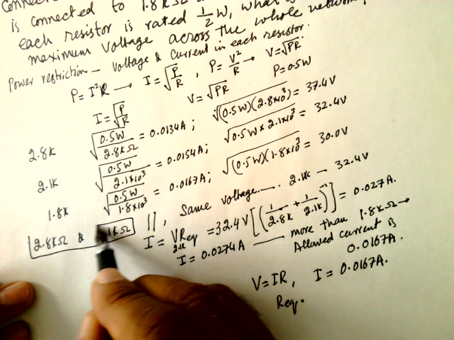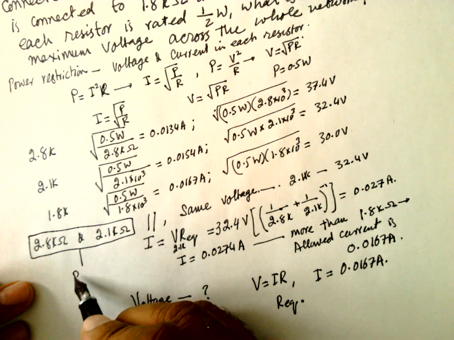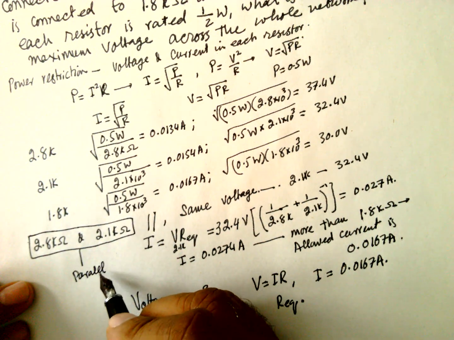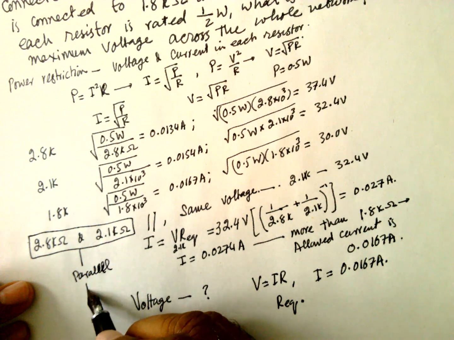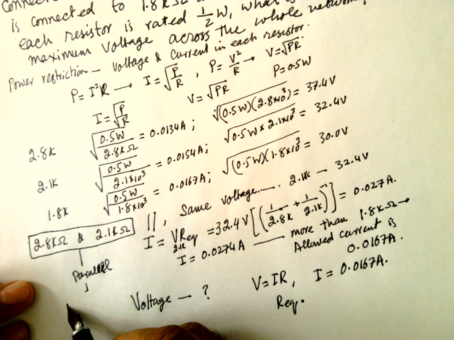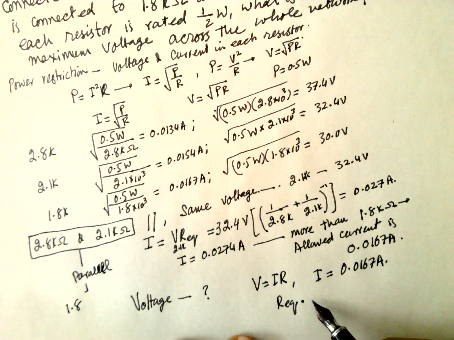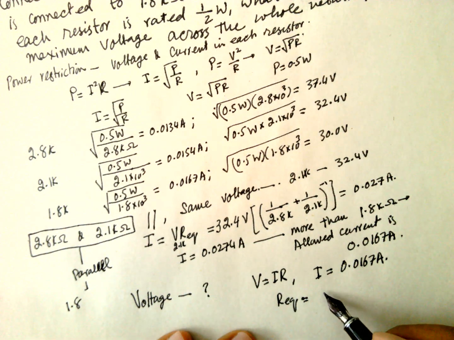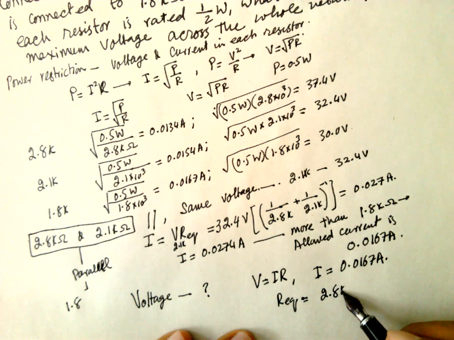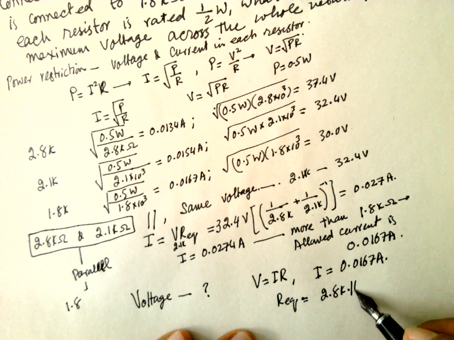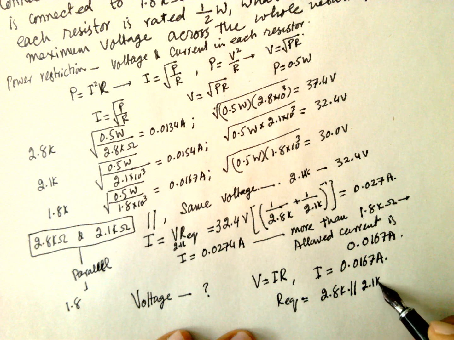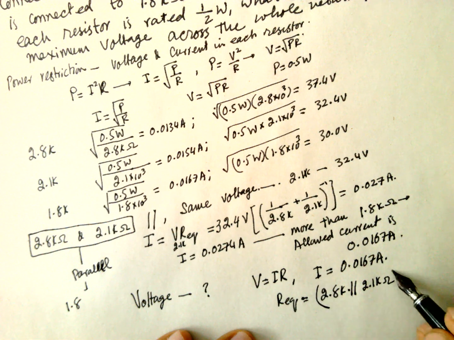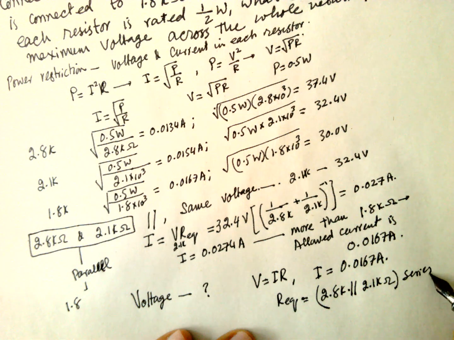These two are in parallel, and in series with 1.8. So 2.8 kilo parallel to 2.1 kilo, and this is in series with 1.8.